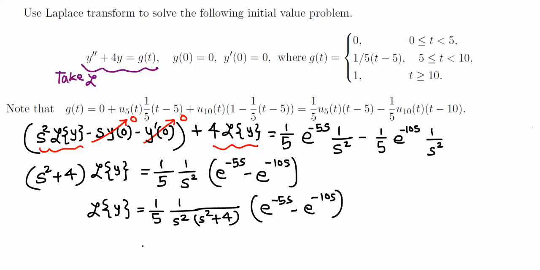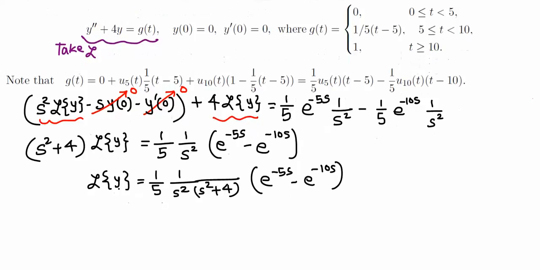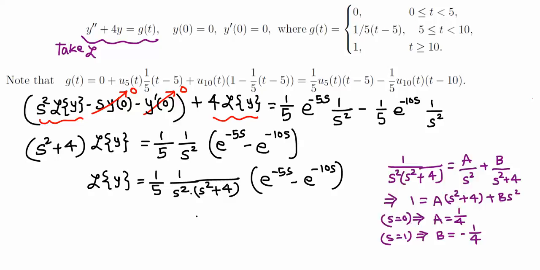Okay, now to recover y, we need to take the inverse Laplace. We got a product here, so we want to write this as a sum or difference of two simpler functions. We have two factors, so let's do the partial fraction decomposition. 1 over s squared times (s squared plus 4) equals A over s squared plus B over s squared plus 4.